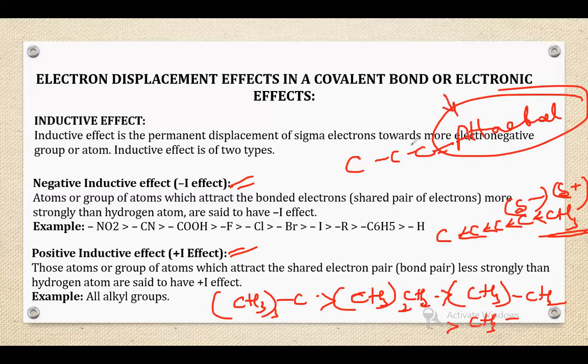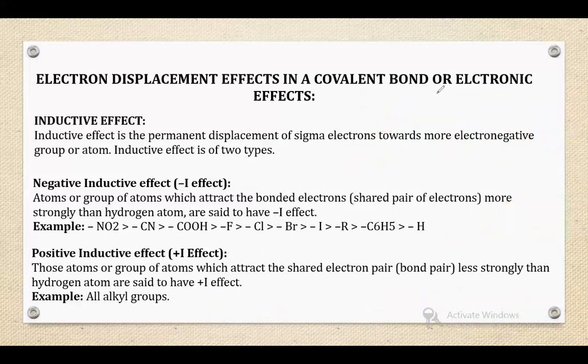Inductive effect is displacement of sigma electrons towards the more electronegative group, which forms the negative inductive effect, the minus I effect. If the attached groups are less electronegative than carbon, they displace the pair of electrons towards the carbon, so the carbon gets a partial negative charge. So there's a difference between the negative and positive inductive effect. Is it clear?